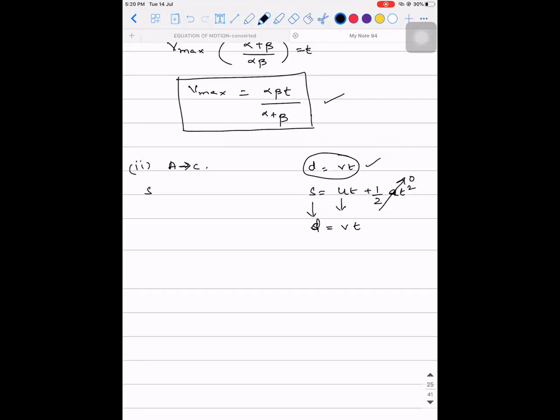So if it is accelerating, then this equation will be wrong. The equation that gives us a relation between time, acceleration, and velocity is S is equal to ut plus half at square.